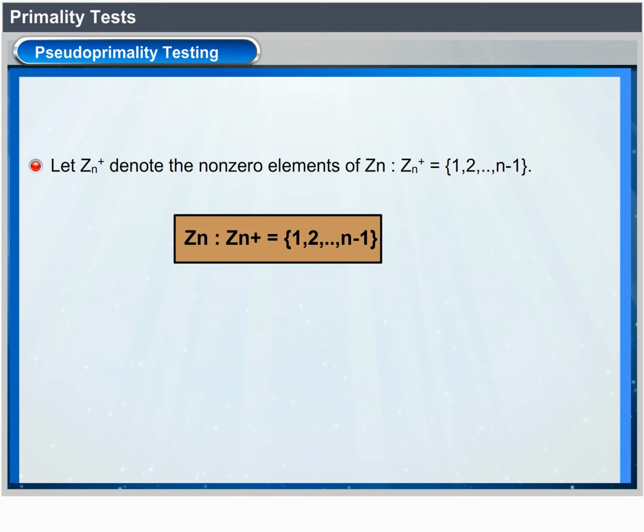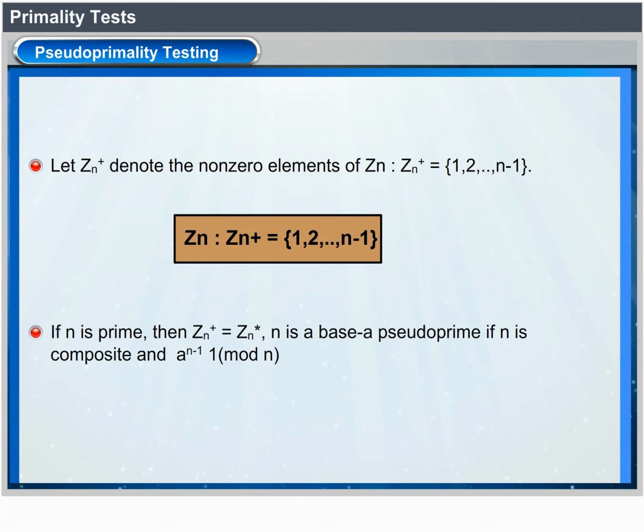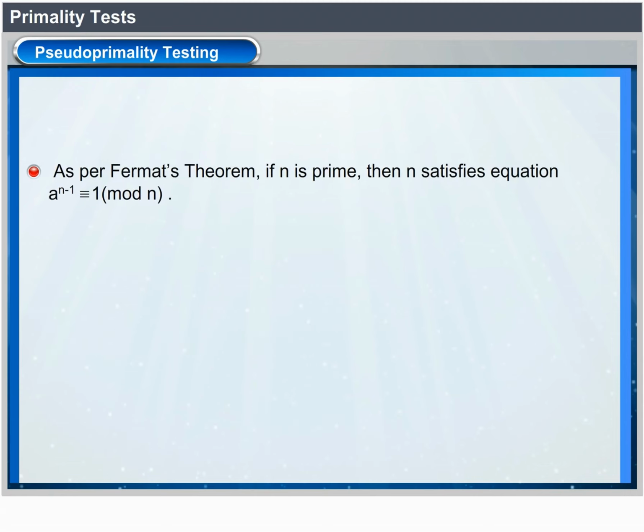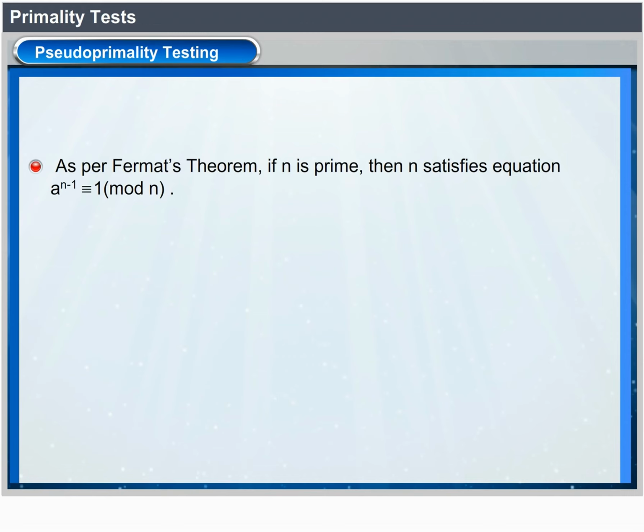If n is prime, then Zn+ = Zn*. n is a base 2 pseudo-prime if n is composite and a^(n-1) ≡ 1 mod n. As per Fermat's theorem, if n is prime, then n satisfies the equation a^(n-1) ≡ 1 mod n.